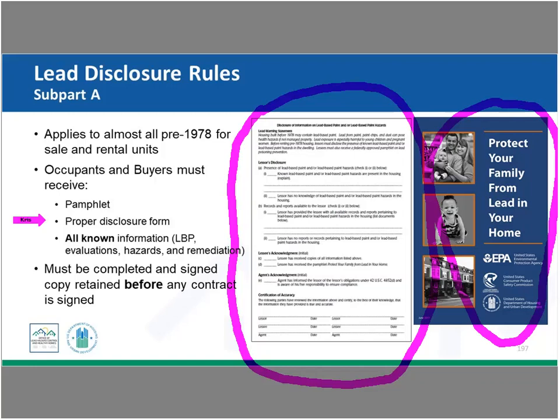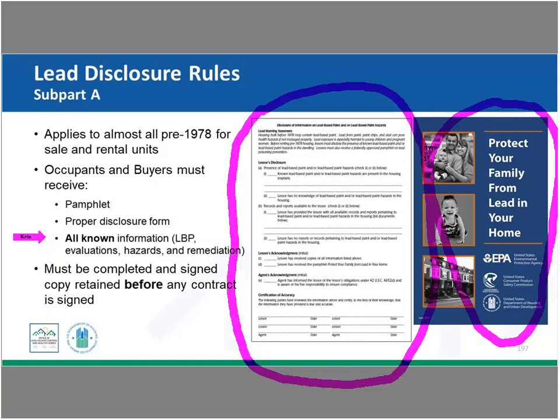In this disclosure notice, the owner is identifying whether they know if there are any lead hazards or any lead-based paint, whether there have been any previous evaluations done, or any work done in the past. Any records or documents to support any known hazards need to be provided and identified in that disclosure notice.